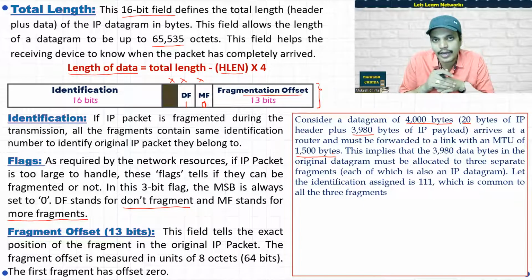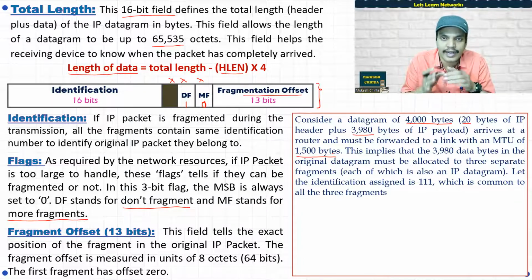How many pieces can you make? You have to make 3 pieces. First one will have 1480, second one will have 1480, and the third one will have 1020. Altogether, put together, you get 3980. So you have to break them into 3 fragments. Each fragment has to be transmitted as an individual datagram. So each fragment will have its own IP header, isn't it?